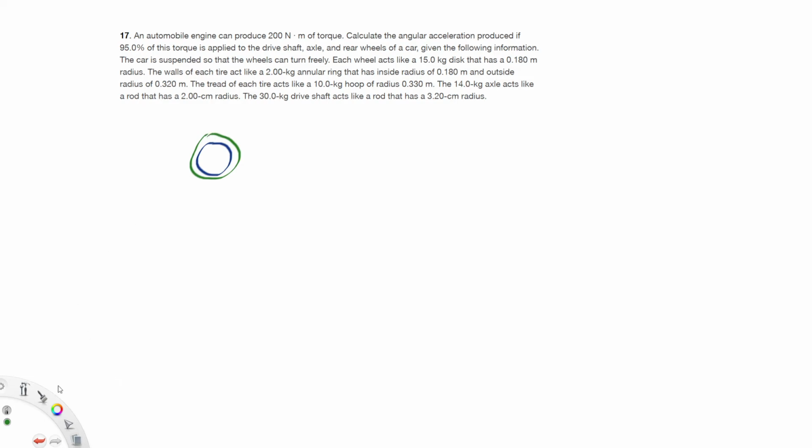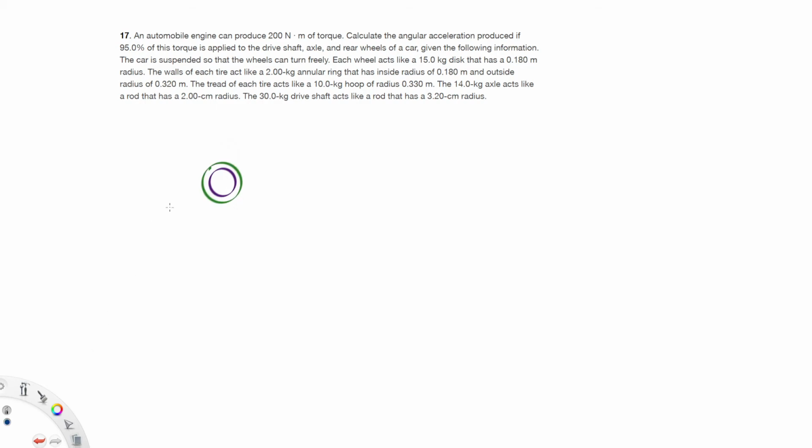And then around that, wait, hold on. There's a circle drawing tool here. Why am I trying to freehand a circle? All right, so we have a solid inner bit that is basically solid metal. That's the wheel. Outside of the wheel, we have the walls of the tire.